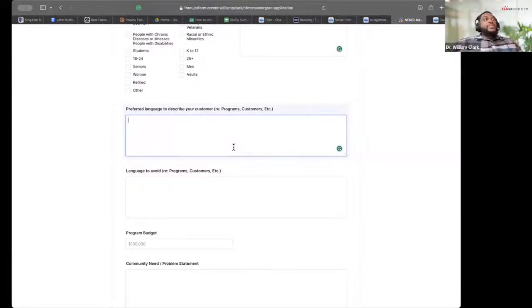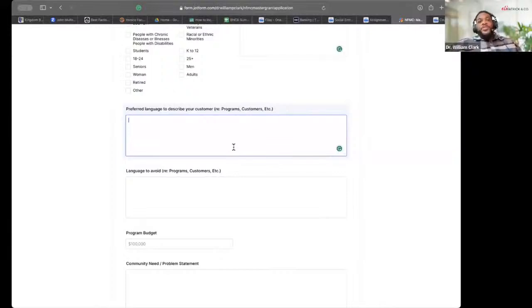A good example is people who are coming home from prison. The terminology today is justice involved persons, people who are involved in the justice system, or if they're coming home from prison, returning citizens.